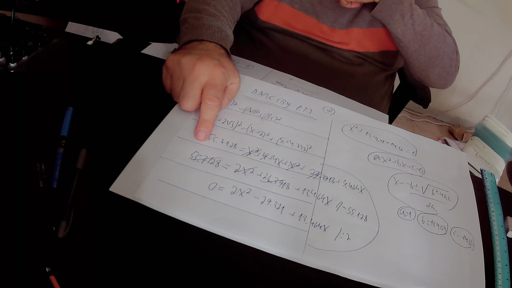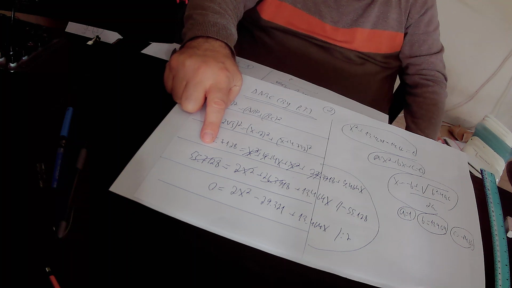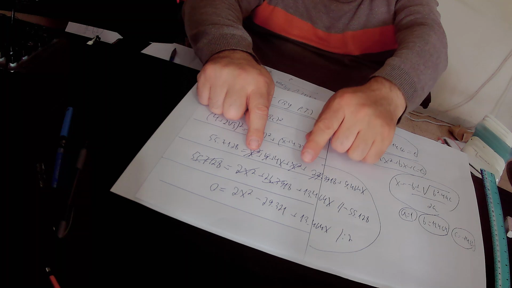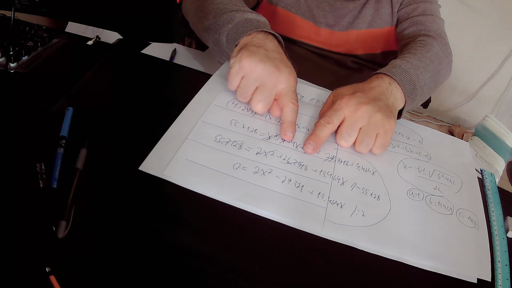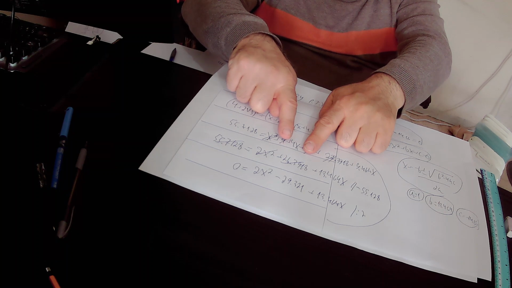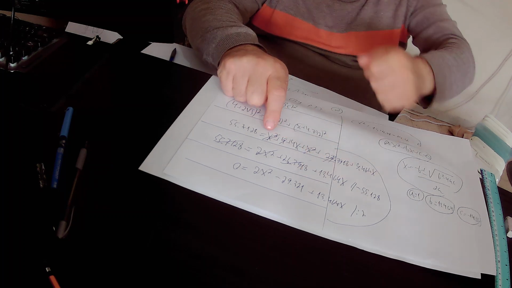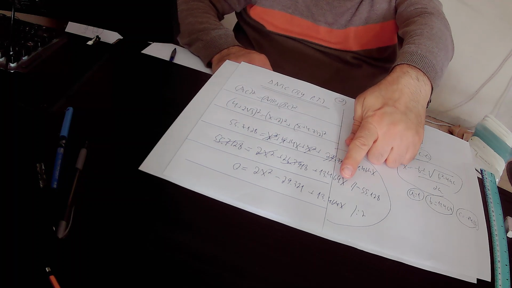So here we subtracted 55.7128 from this equation and found that 2x squared plus 13.464x plus 26.3918 minus 55.7128, that is minus 29.321, equals 0.